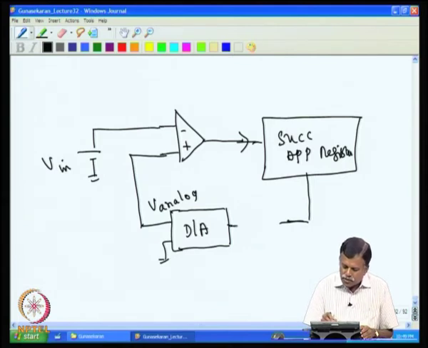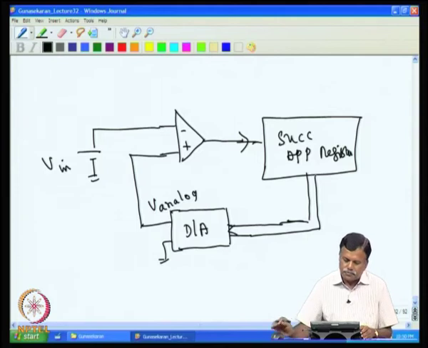The D to A converter gets its input from the successive approximation register.